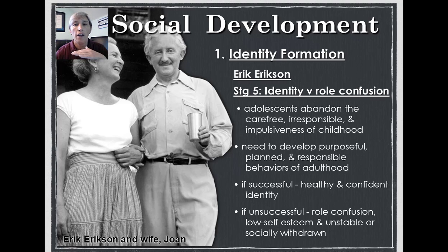But in stage 5 of what Erikson calls his psychosocial stages of development, we are experiencing identity versus role confusion. And so adolescents may seek to abandon the carefree, irresponsible, and impulsiveness of childhood and try on these different roles in adulthood that they are experimenting with. So we need to develop purposeful, planned, and responsible behaviors of adulthood. Therefore, we can transition into being healthy adults.